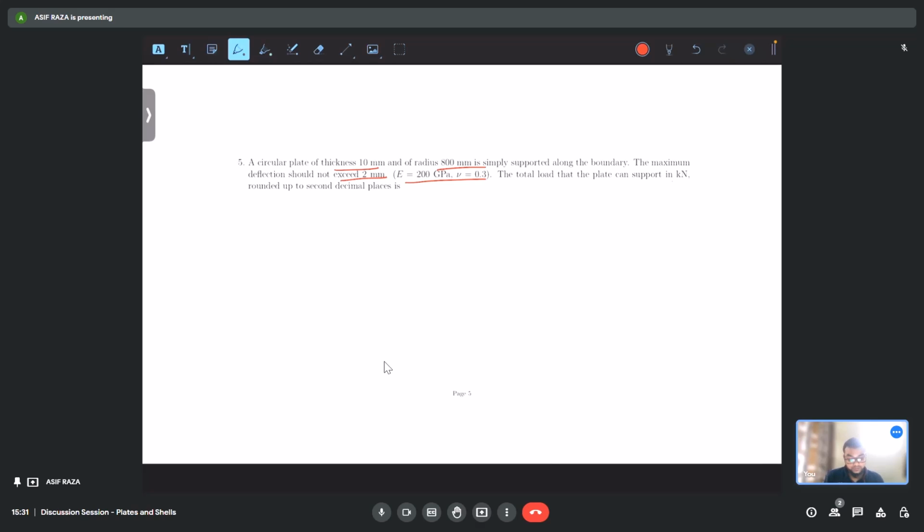So to solve this, we are given thickness 10 mm, radius 800 mm, w max as 2 mm, E as 200 GPa, and Poisson's ratio is 0.3.